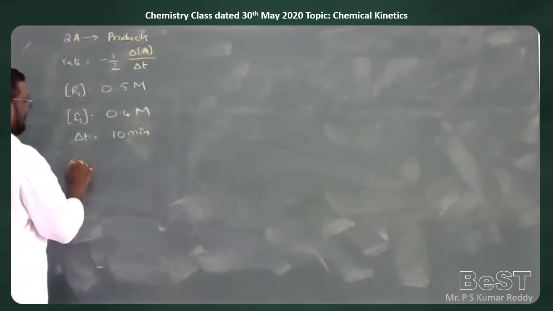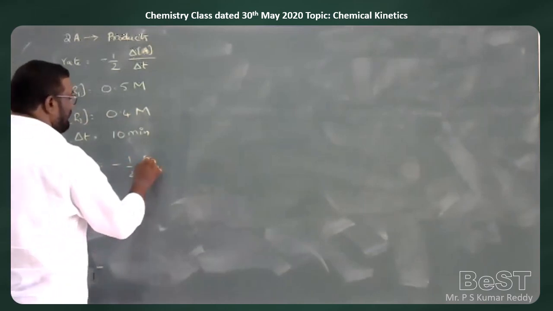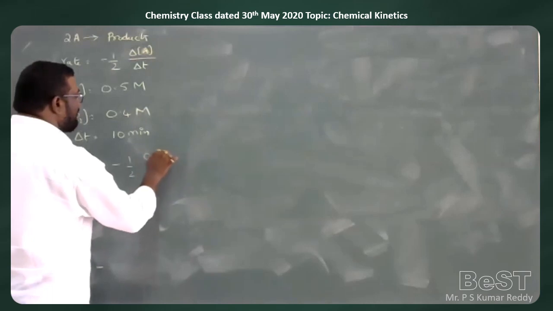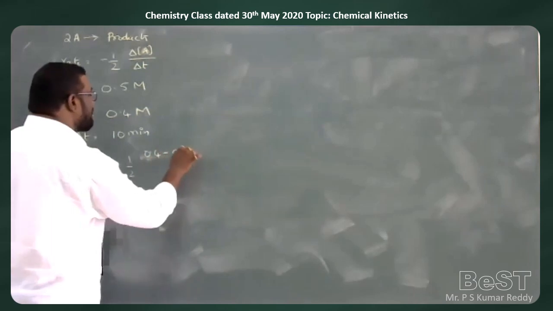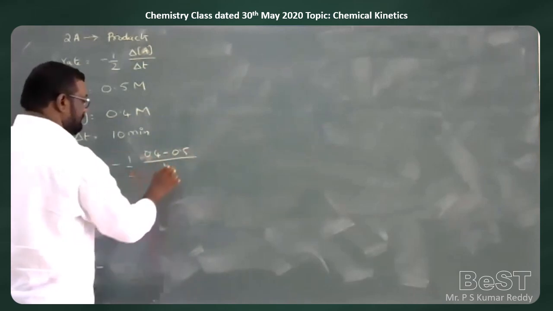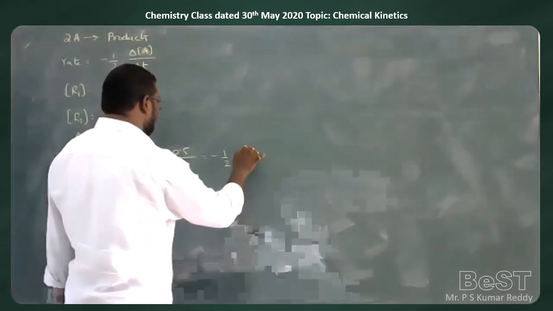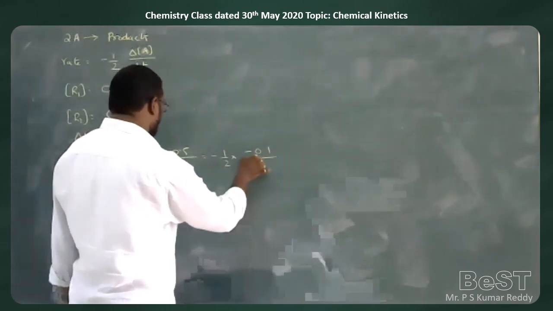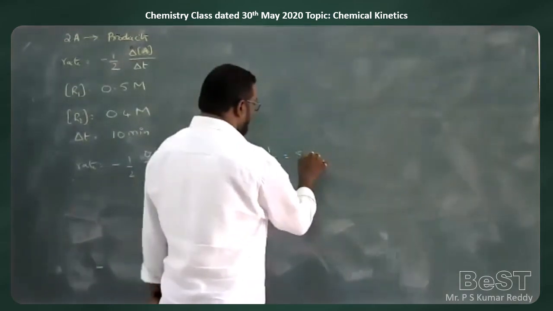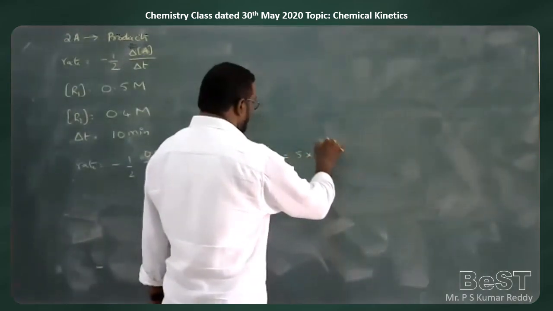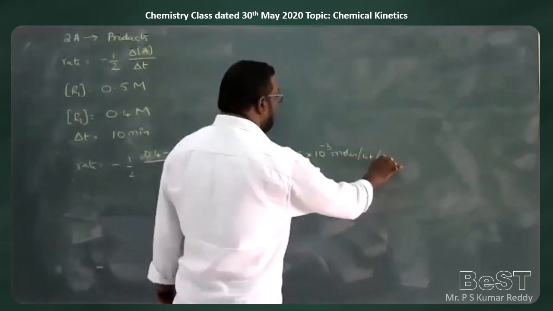So therefore, rate is equal to minus 1 by 2, 0.4 minus 0.5 by 10. How much will you be getting? 5 into 10 to the power minus 3 moles per liter per minute.